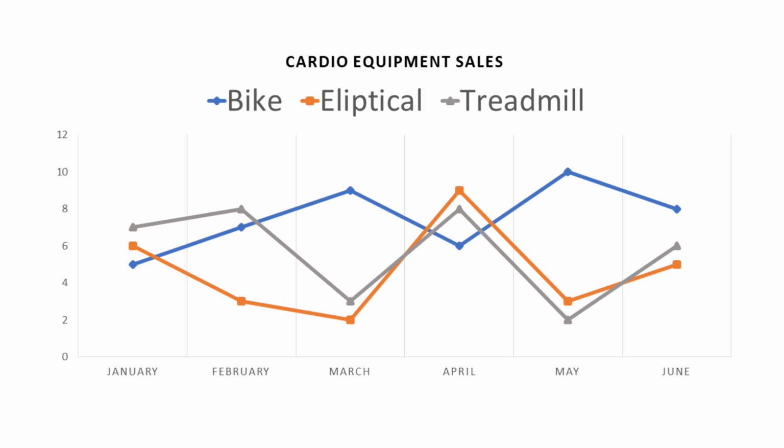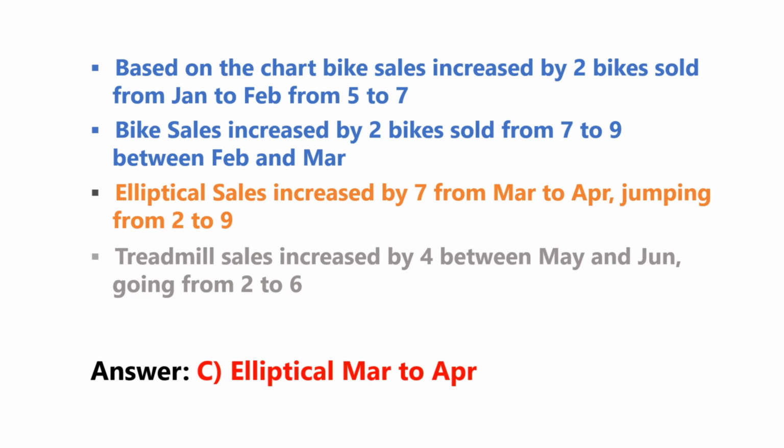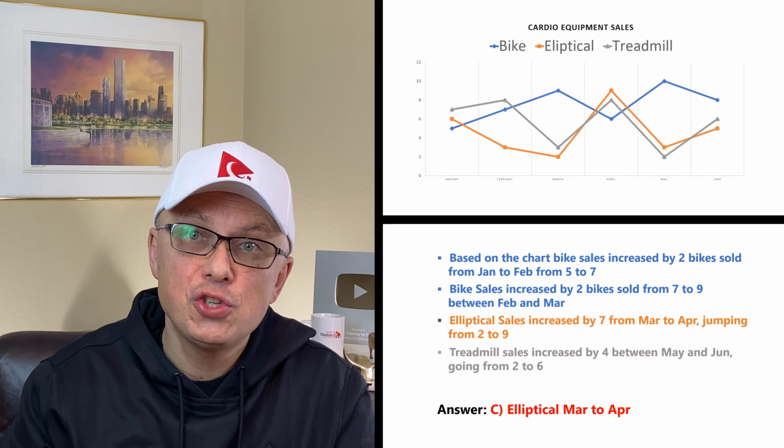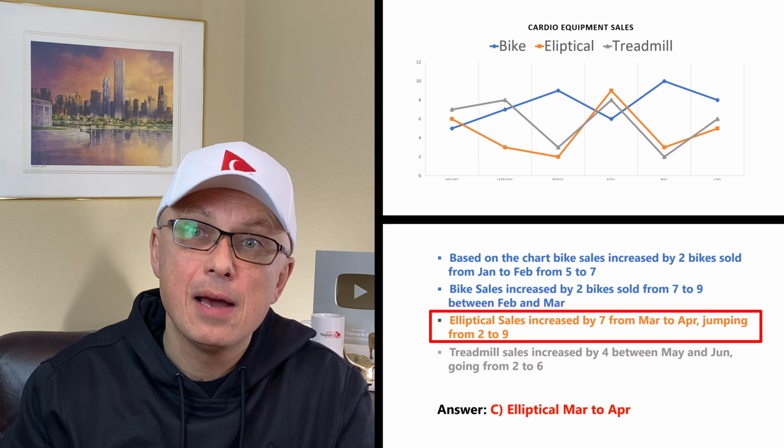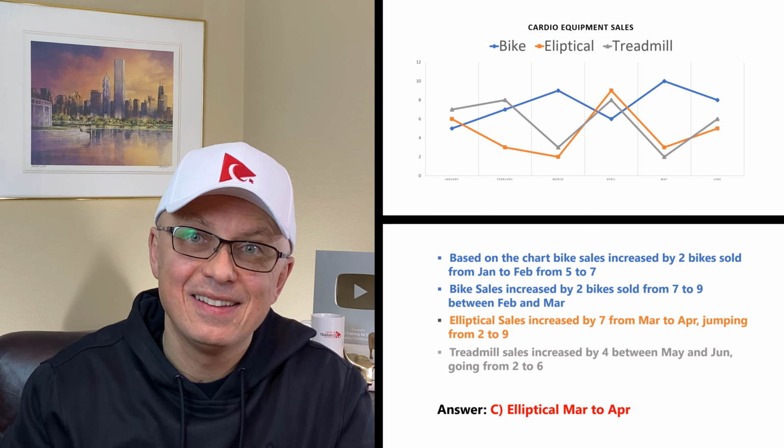And treadmill sales increased by 4 between May and June, going up from 2 to 6. So the correct answer here is choice C, elliptical sales from March to April, because the jump was by 7, from 2 to 9. Hopefully you've nailed this question and now know how to answer similar problems on the test.